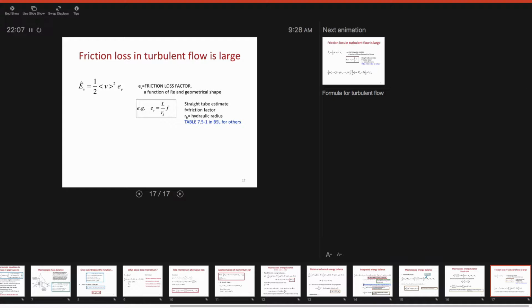For instance, for a straight tube, there's a table which is 751, which will take the friction factor for the tube, hydraulic radius, and the length of the tube. So this is where we're putting all of the individual friction factors that we work with.